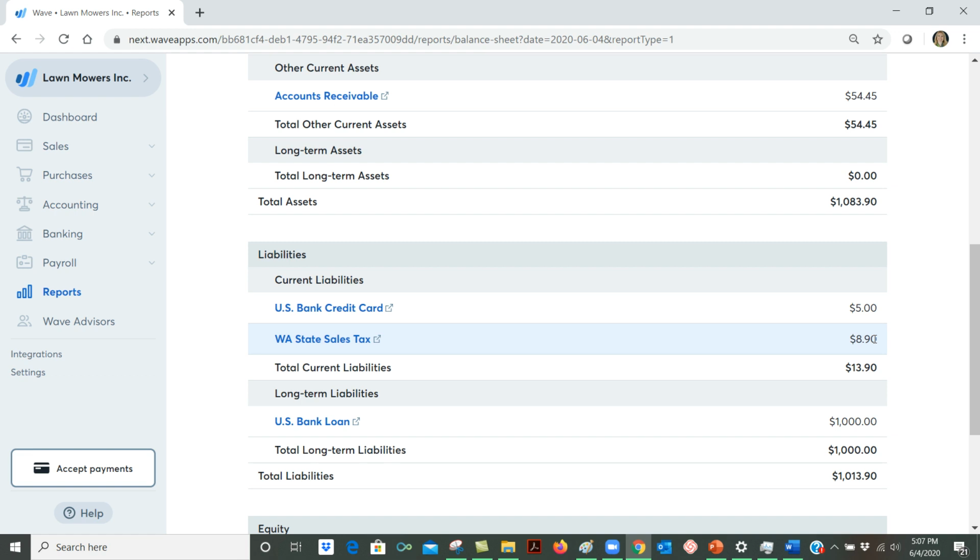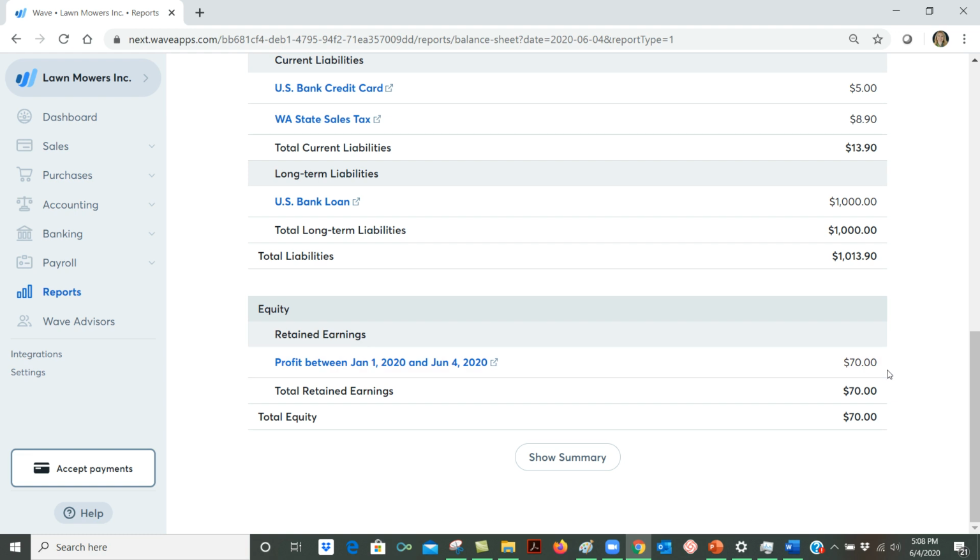In my example, the state of Washington. And I've collected a total of $8.90 in sales tax from my two customers. That money does not belong to me. I have a responsibility to turn that over to the state of Washington, which is why this total is showing up as a liability. And then finally, I have my bank loan of $1,000 that I still owe.